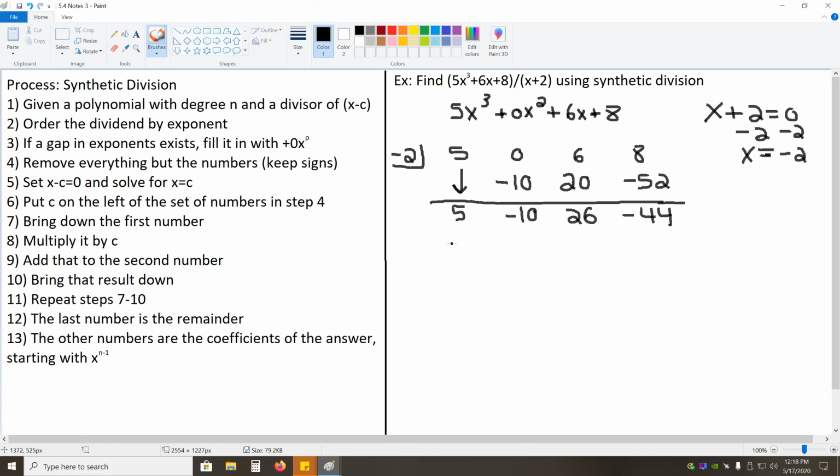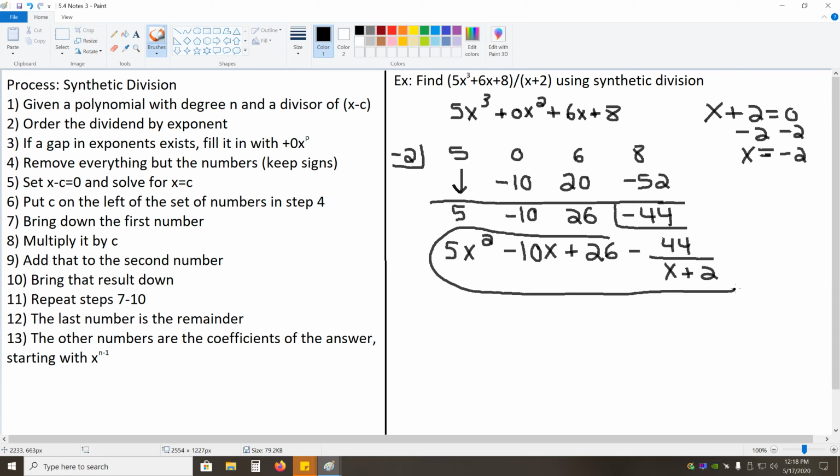So we get 5x squared minus 10x plus 26, and now this minus 44, the last number, as I said, always represents the remainder, so we get minus 44 over the original divisor, x plus 2.